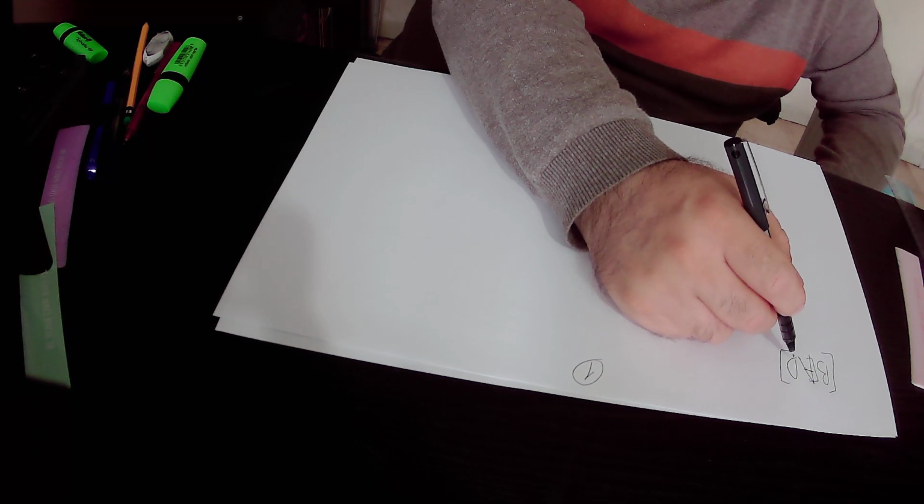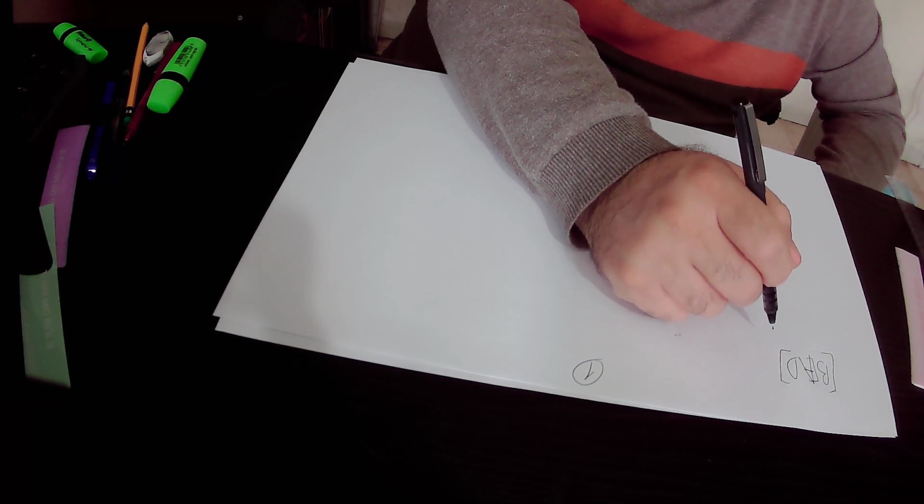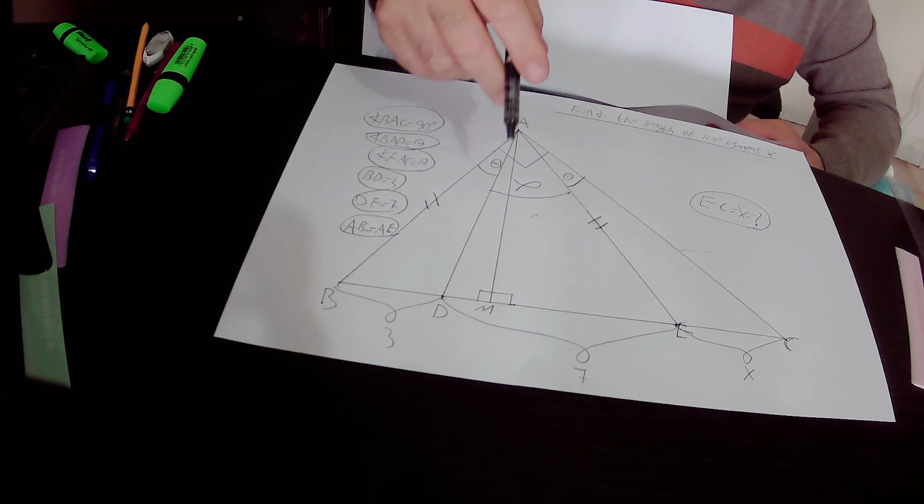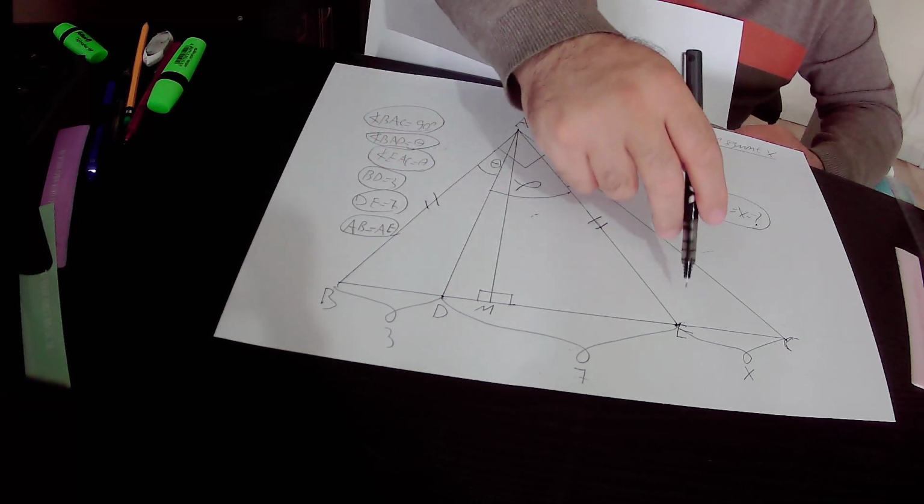It means the area of triangle BAD over the area of triangle DAE.